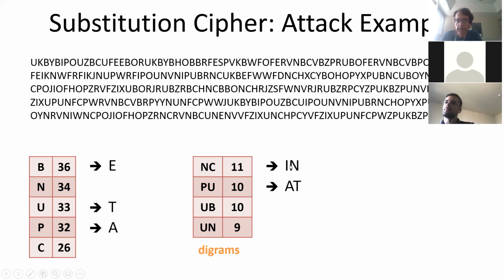Now, this stuff has to be correlated with this stuff, right? So if I have guessed that U is a T, then PU will be correlated with this one, and not the other way around, right? So coding this attack, it's okay. You have to think how to code this fast, but still it's clearly possible, right?